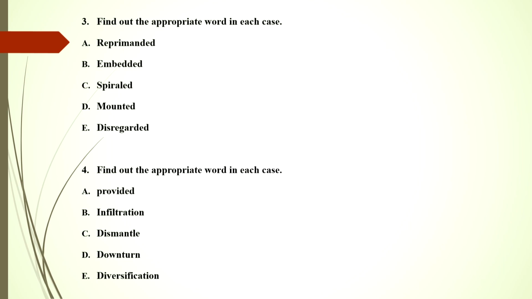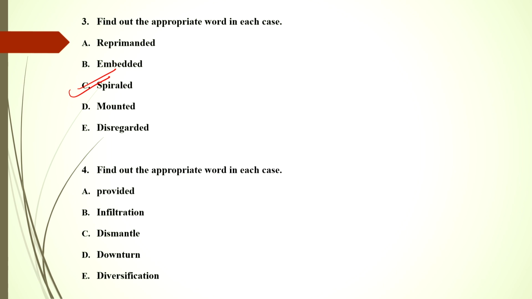So, if we look at our options, only option C, the word spiral, fits the blank perfectly, because spiral means to decrease or deteriorate continuously. Hence, option C is the correct answer choice.